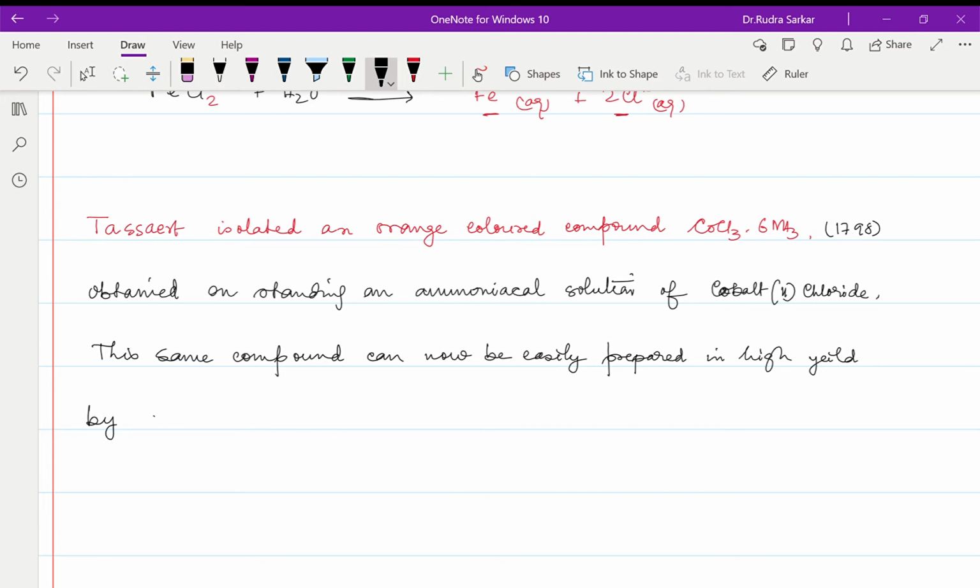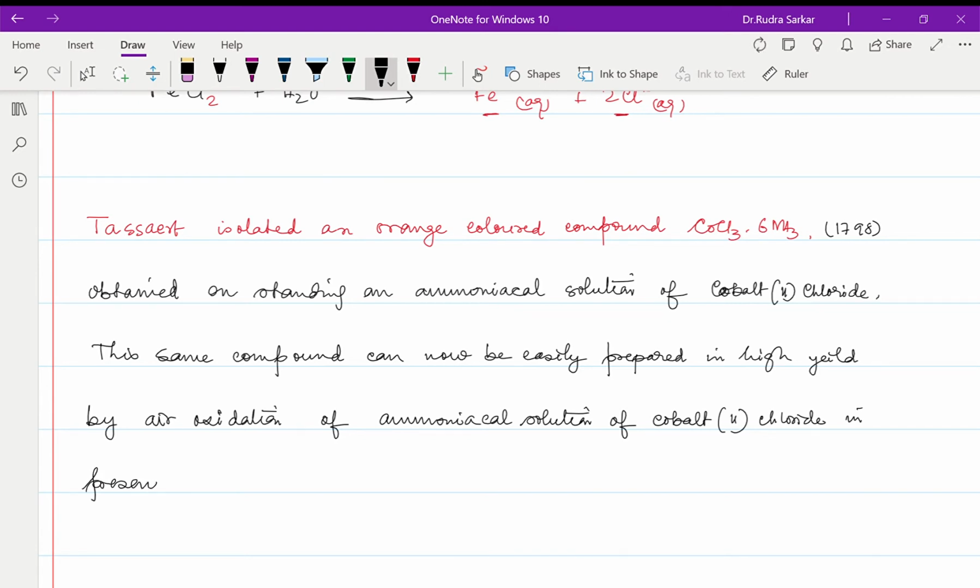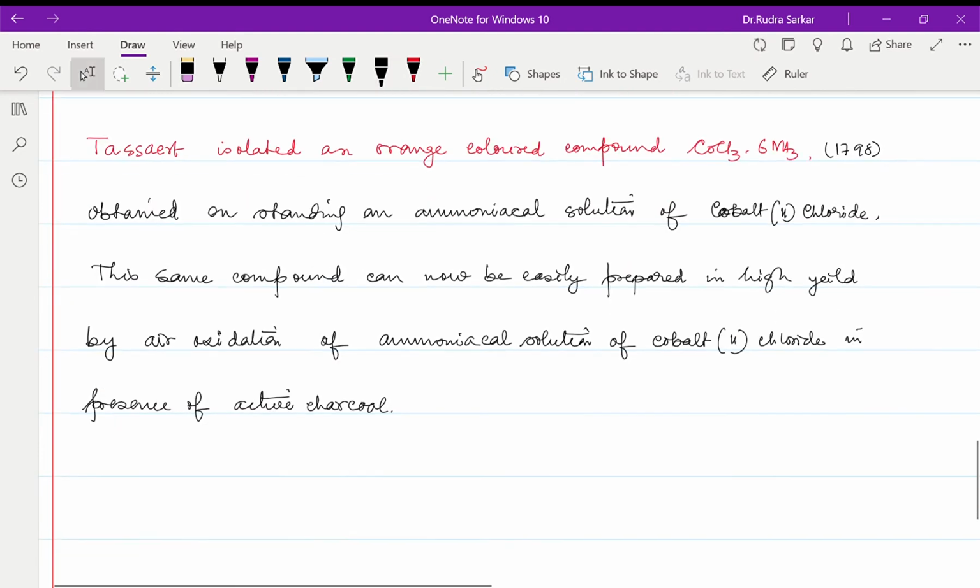It is prepared by air oxidation of ammoniacal solution of cobalt 2 chloride in presence of active charcoal as catalyst.